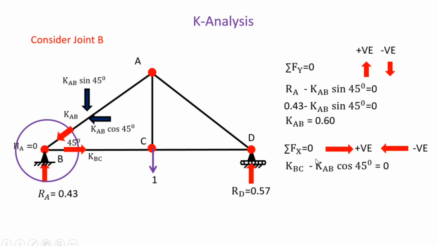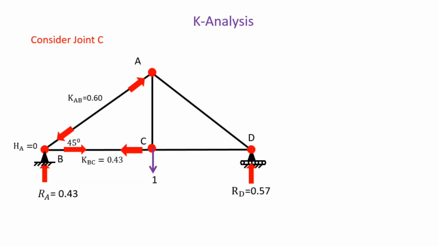Then we know the value of KAB is 0.6, so put it here. So KBC minus 0.6 cos 45 is equal to 0. So KBC is equal to 0.43. Then next we are considering joint C here.